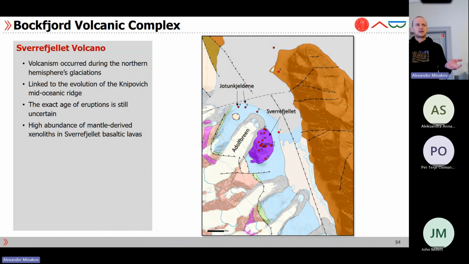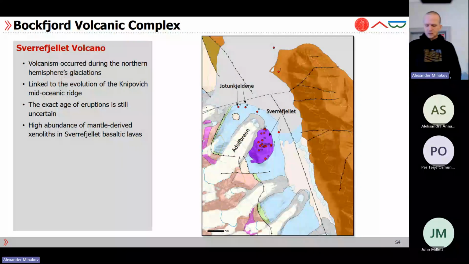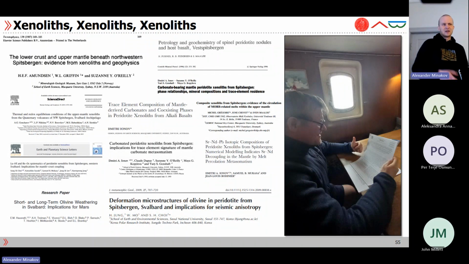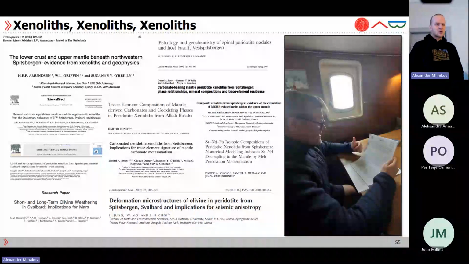Of course, this volcano is known worldwide because of mantle-derived xenoliths in the basaltic lavas and volcanogenic sediments of the Sverrefjellet volcano. The majority of the papers on this volcano are mostly about the xenoliths, dozens of them, coming from the classic papers of Amundsen.